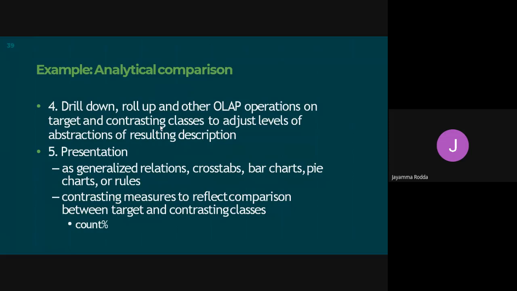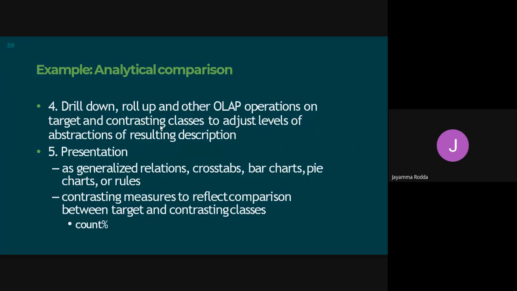So how can the class comparison description be presented? As with the characterizations, class comparisons can be presented to the user in various forms. It can be generalized relations, it can be crosstabs, it can be bar charts, it can be curves, it can be cubes, cuboids, and many things.